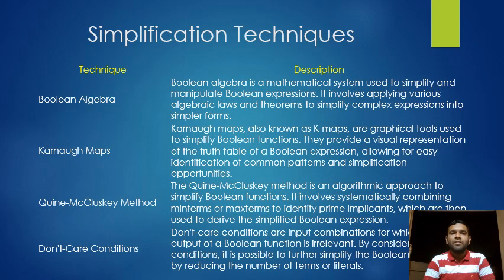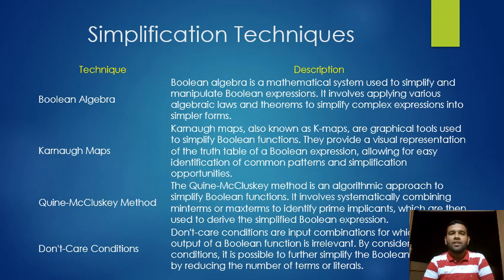Here, we'll be looking at some of the simplification techniques for Boolean algebra. Boolean algebra is a mathematical system used to simplify and manipulate Boolean expressions. This involves applying various algebraic laws and theorems to simplify complex expressions into simpler forms.